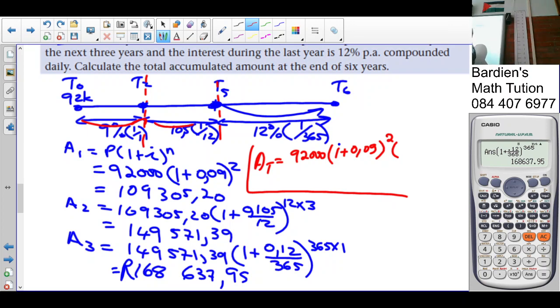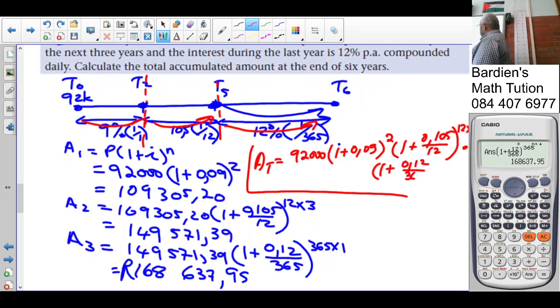The interest here is going to gain at 10.5% compounded monthly, so it's 1 plus 0.105 over 12 to the exponent 12 times 3 times. The drawing interest here is for how many years? 1 year. So it's 1 plus 0.12 over 365 to the 365 times 1.